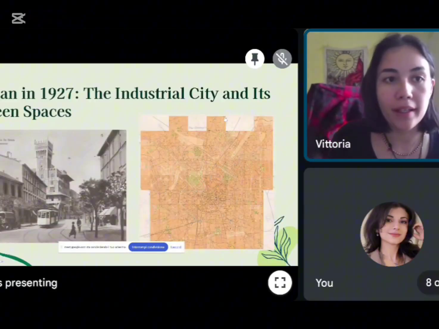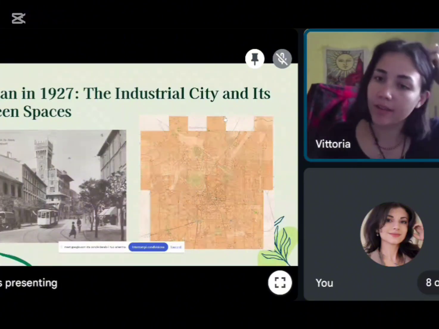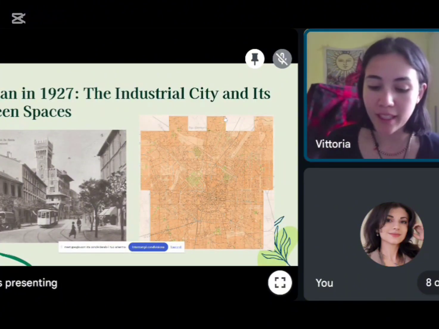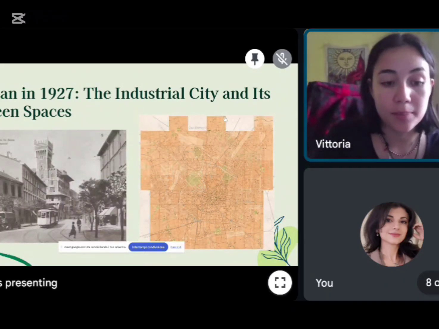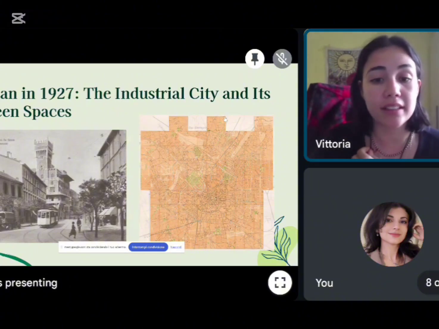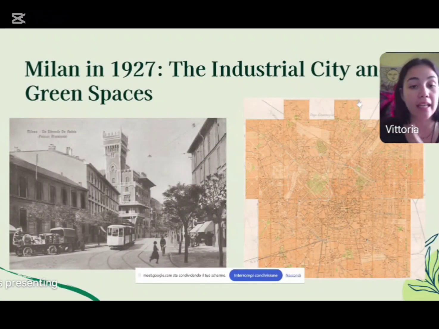We can go deeper and analyze three main eras of Milan. Milan in 1927, the industrial city and its green spaces. In 1927, Milan was solidifying its status as Italy's industrial powerhouse. The city's rapid urbanization prioritized industrial and residential development, often at the expense of green spaces.